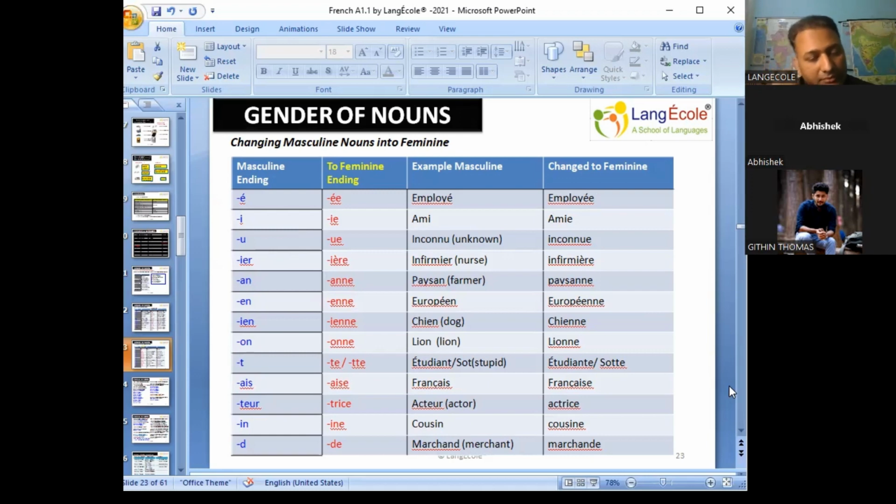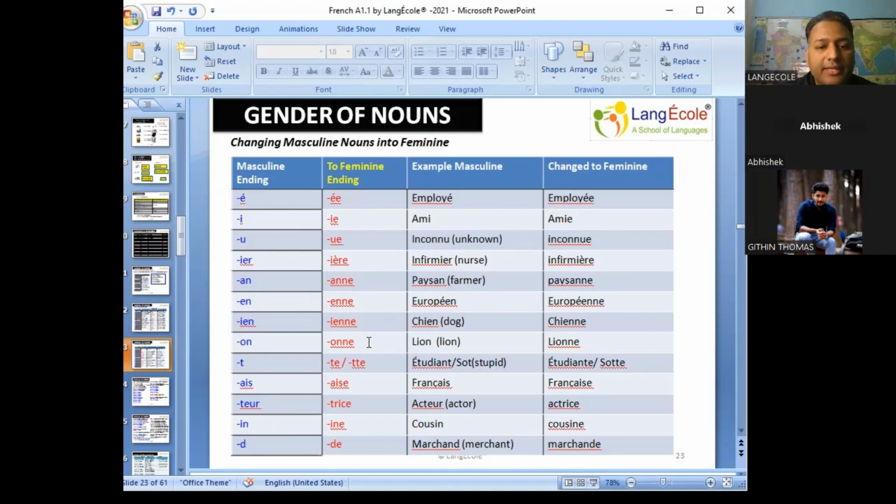For example, here employee. Employee is e with an accent, so this is masculine. But if it is added with an extra e, that will be feminine. Ami, you've already learned. Ami with an e is feminine, right? Yeah.